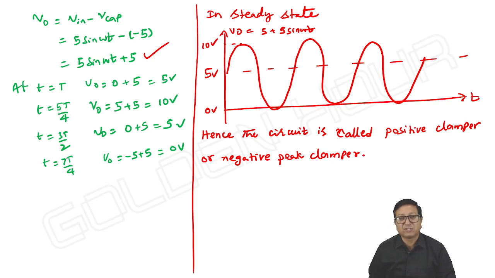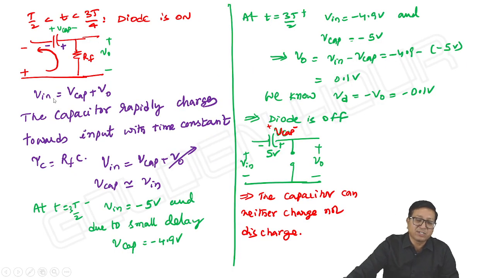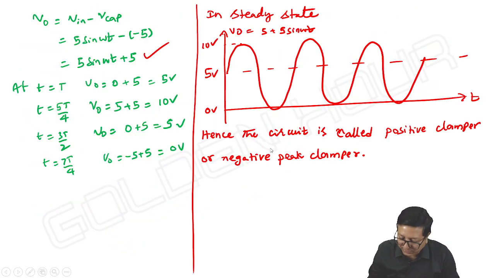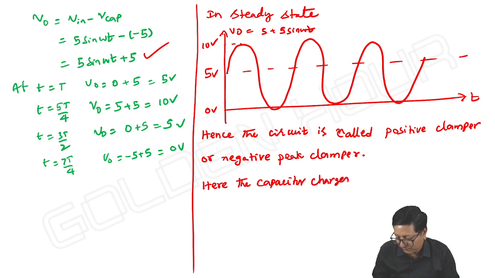The capacitor always charges to the input negative peak. In a negative clamper, the capacitor charged up to the positive peak. Here the capacitor will charge up to the negative peak of the input. Okay, here the capacitor charges up to V input minimum or V input negative peak.